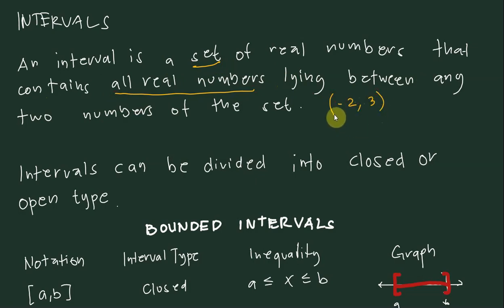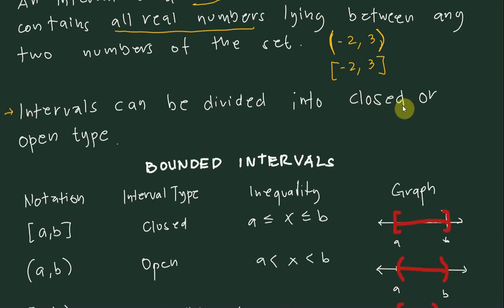What this means is this includes all of the real numbers between -2 and 3. It does not include -2 and 3 because it uses this notation here, the parentheses. But if we say [-2, 3], this includes -2 and 3 and all of the values in between. So this will become clearer as we progress.